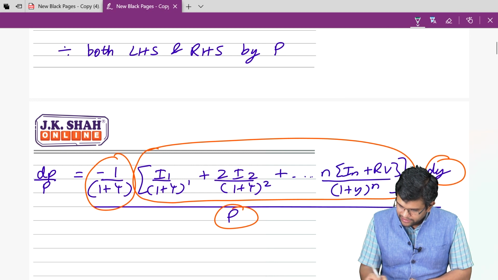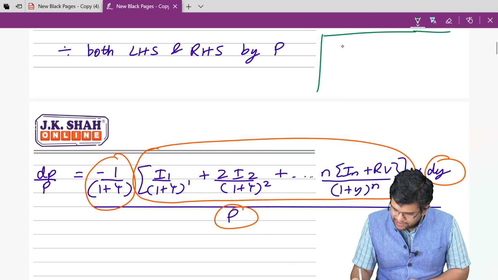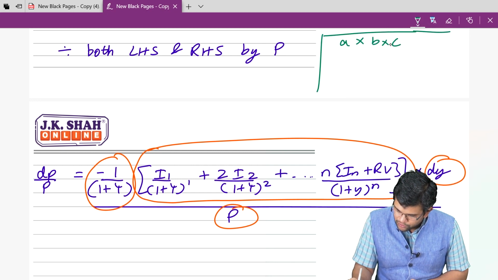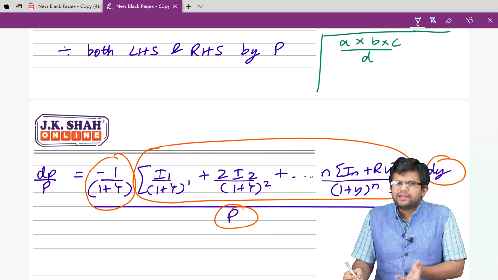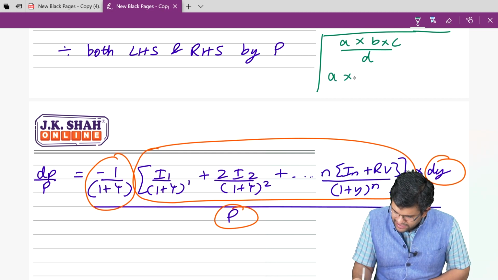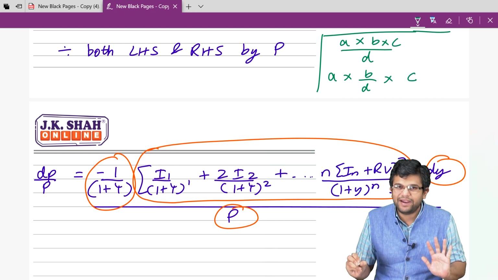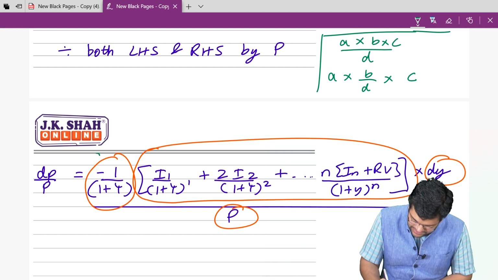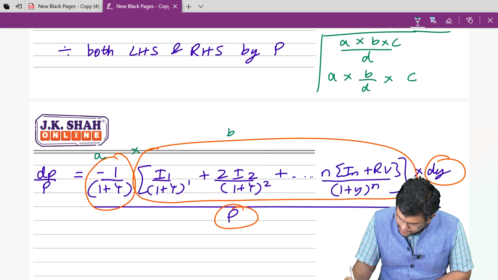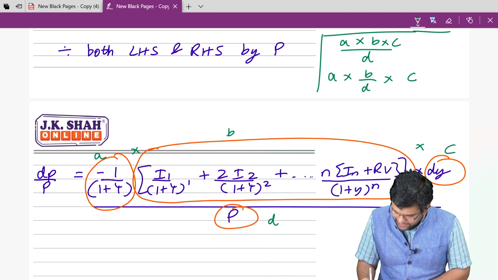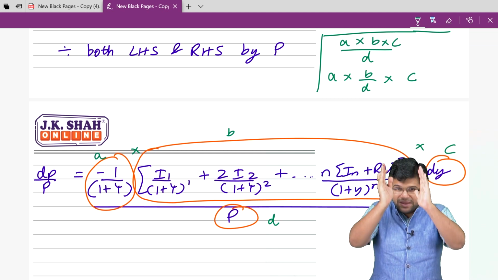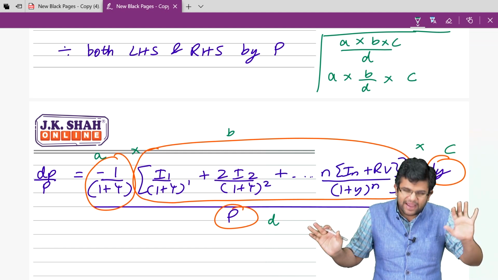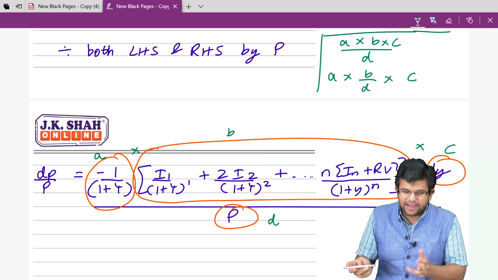See, children, do you understand that if it is a into b into c divided by d, this can also be written as a into b by d into c? Do you have any problem with that? Of course not, it's the same answer, right? So similarly, children, here this is like a into b into c divided by d. So what I'm going to do is take b by d on one side and a and c separately, but doesn't matter, the answer will remain same, right?